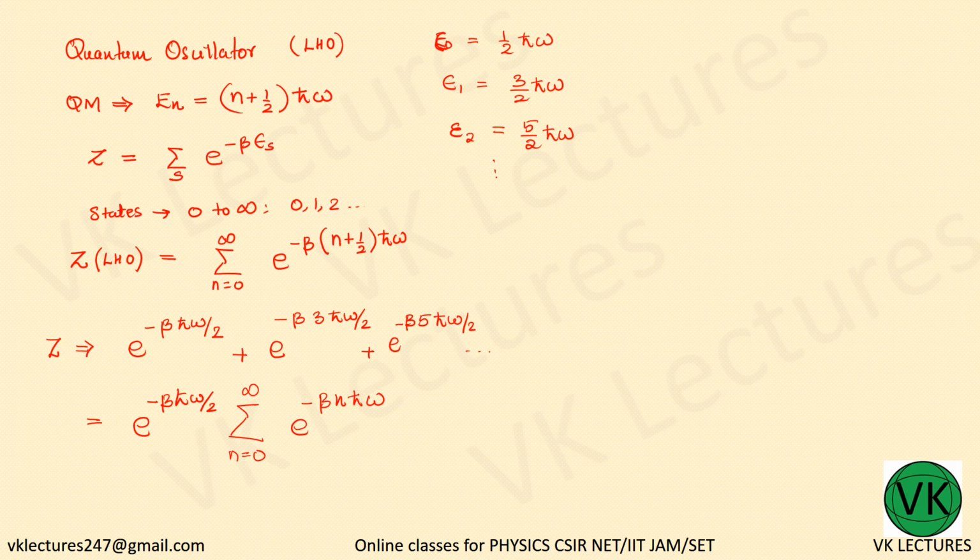So every term will have half h cross omega. If you take half h cross omega out, it will be h cross omega here, then 3h cross omega, 5h cross omega, so we get the sum over n equal to 0 to infinity of e to the power minus beta n h cross omega.